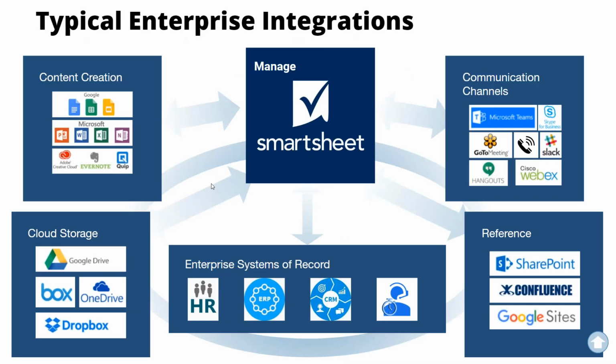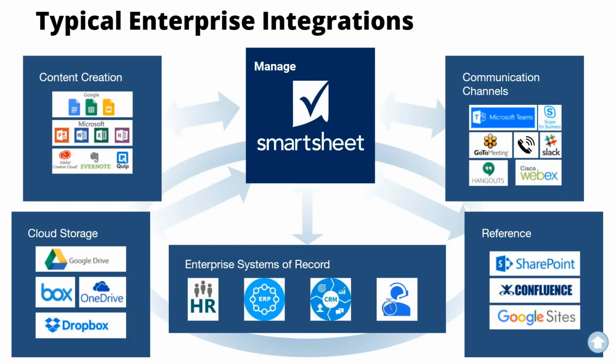This slide shows a basic IT stack for an organization and where Smartsheet fits in. As you can see on the far left, there are many well-known apps for creating content, including Excel, Word, or Google Docs. There are also cloud storage apps like Box and Dropbox. Then there are communication apps like Skype for Business, Slack, and Teams.